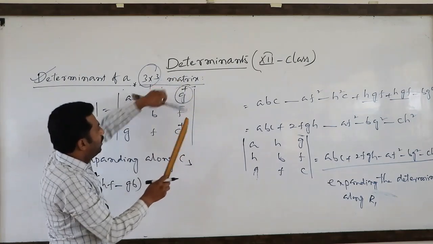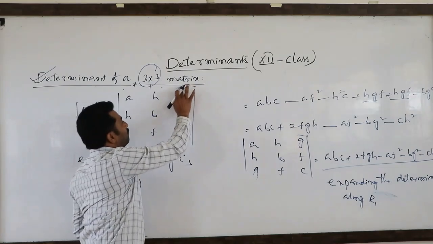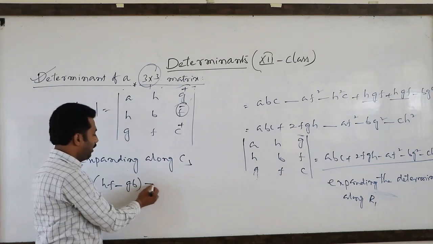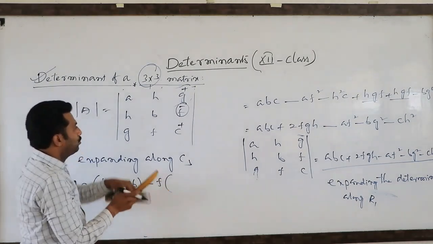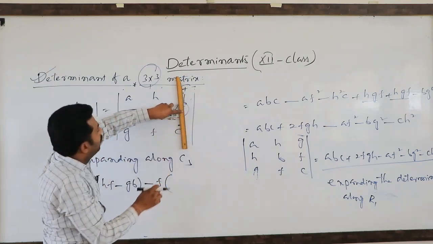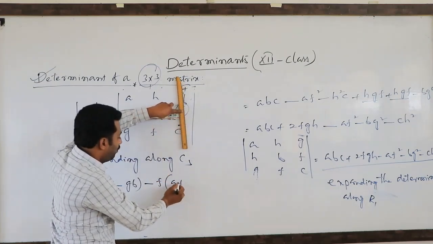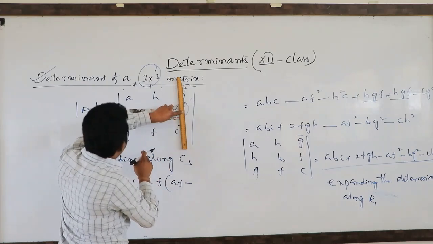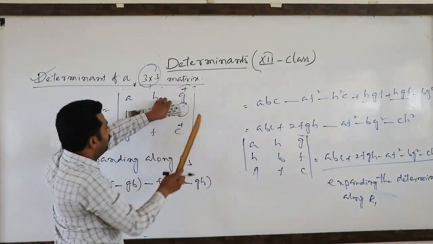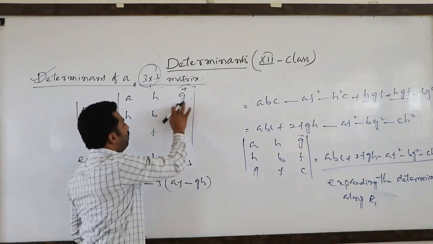Okay, next. This element is over. Now you choose the second element, that is minus F. You choose the corresponding row and corresponding column, then AF minus GH. Next, this element also is over.